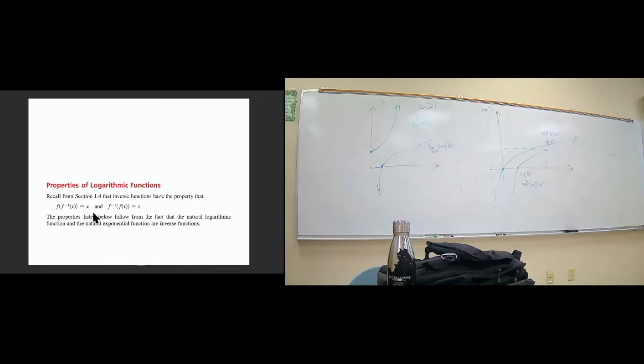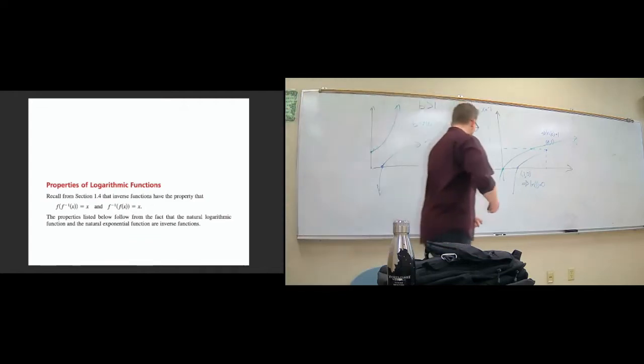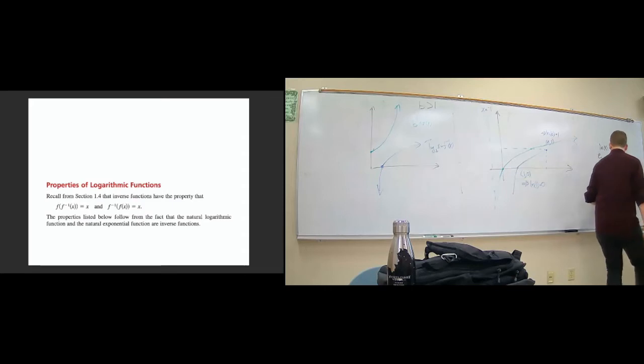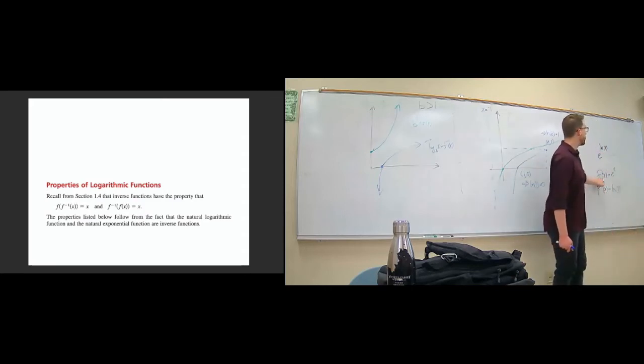So just some properties that happen to occur, because a function composed with its inverse function is still going to be equal to x, and an inverse function composed with a function is going to be equal to x. If we take and compose something like e to the ln of x, well, if f of x is equal to e to the x, then the inverse function of f of x is equal to the ln of x. So this is the composition of these two functions, right?